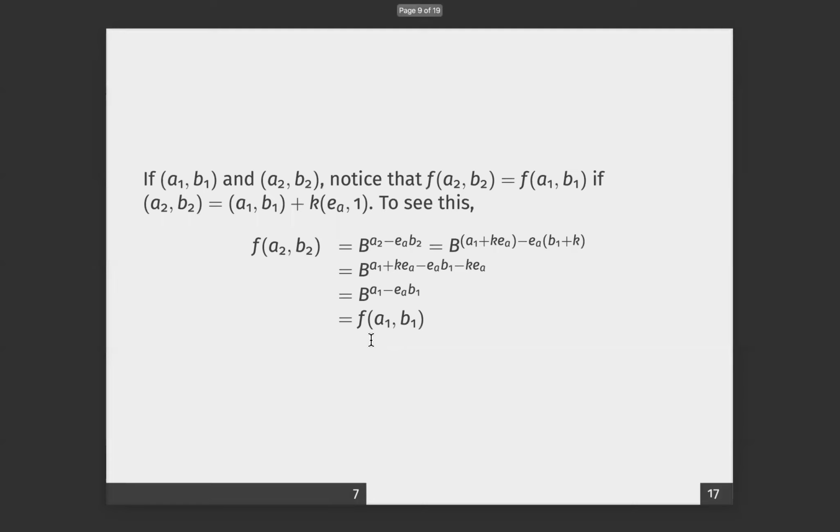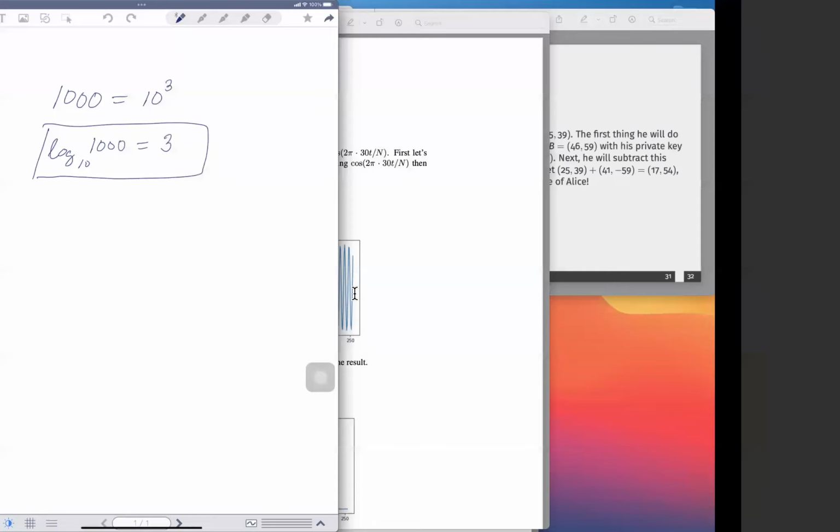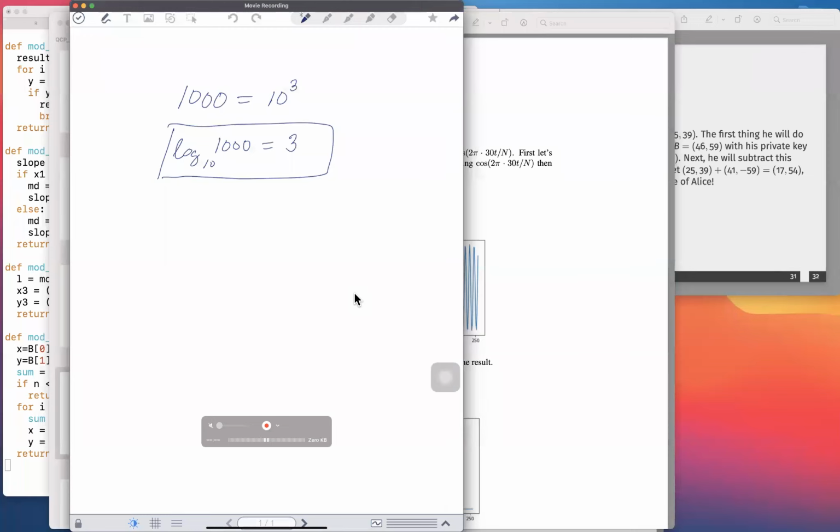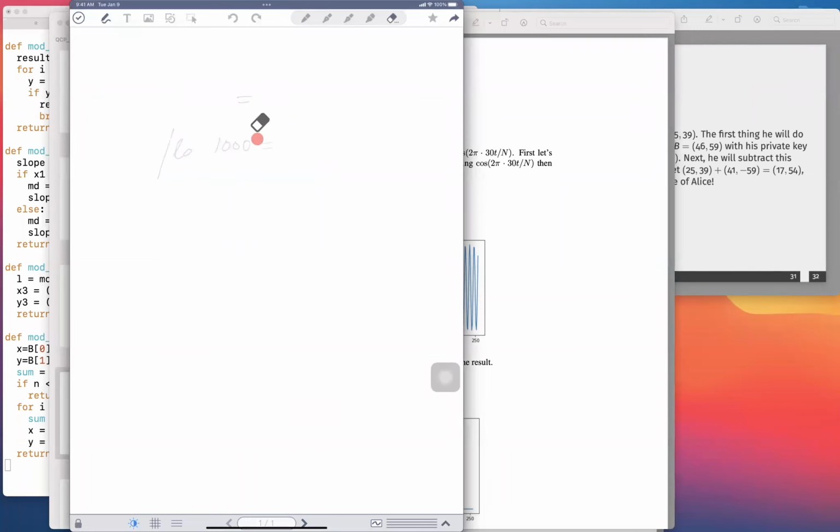So let's try to do that, so that you will also see how it's computed. First, let's erase this. What are we trying to show here? We're trying to show that the function is periodic.